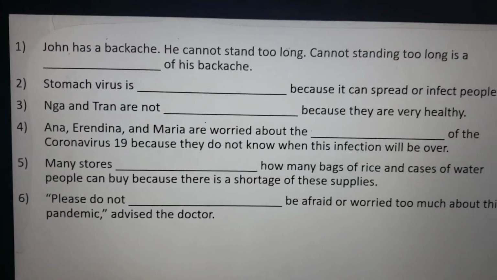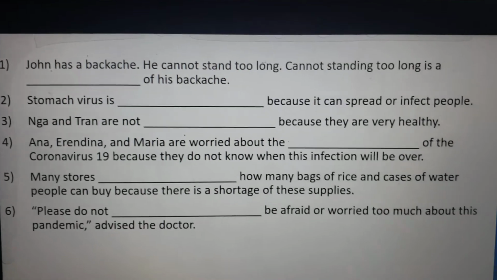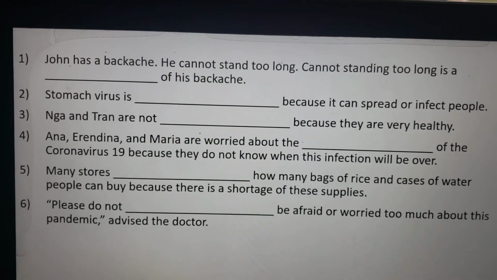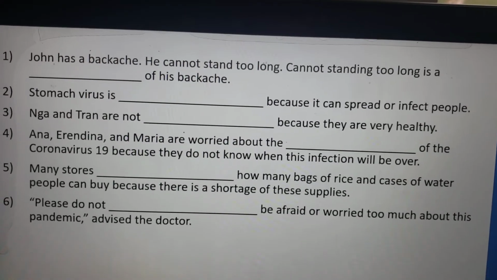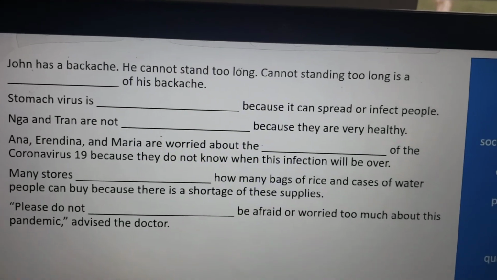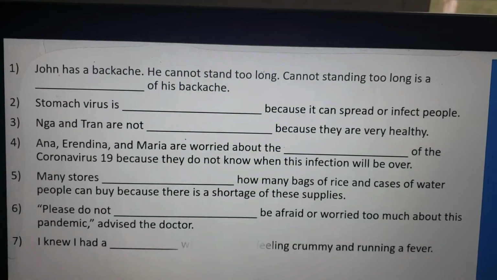Please do not panic or be afraid or worry too much about this pandemic, advised the doctor.